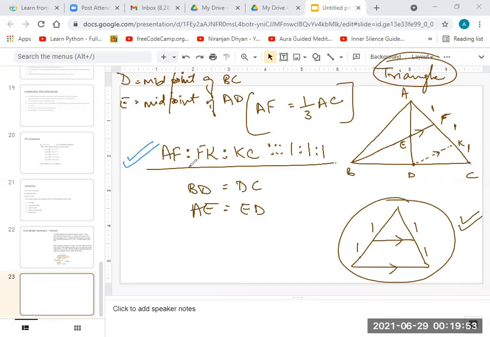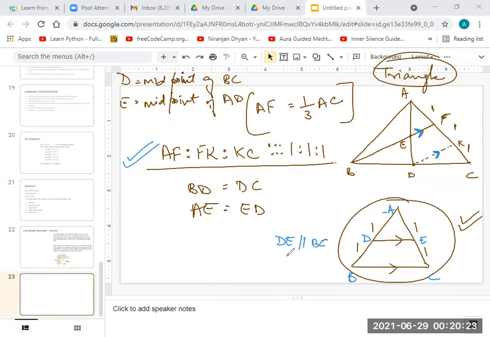Shall I explain? It is simple. There is a theorem which says: we have a triangle ABC, and a line DE which is parallel to BC. And in this question also, EF is parallel to DK.